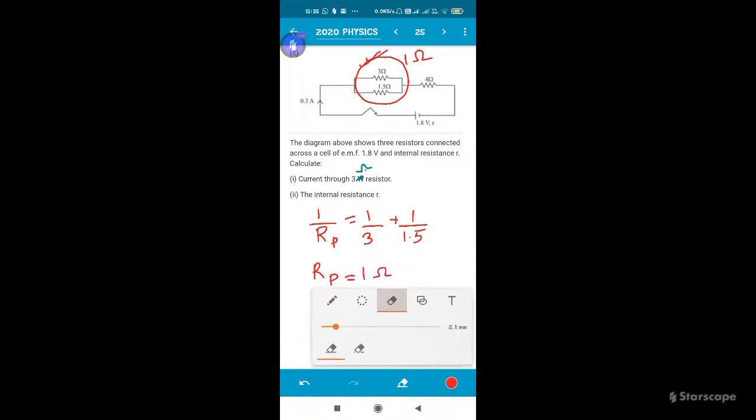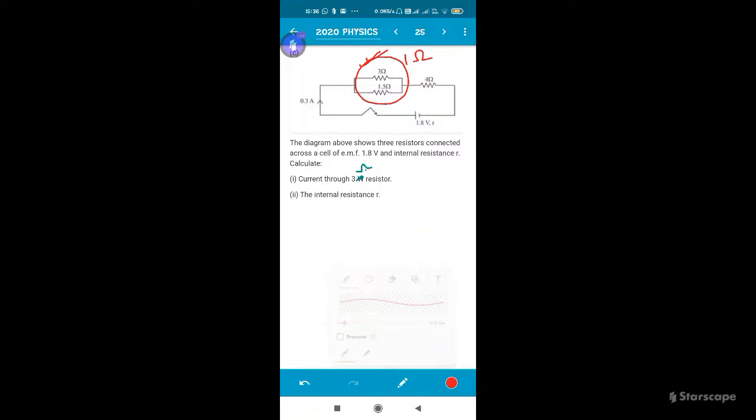Let me erase this part. Okay, so I have the current as 0.3 ampere. I have the total resistance only for the parallel combination. Don't consider the entire circuit. It is 1 ohm. So how can I find V? V equals IR. So it will be 0.3 volts.